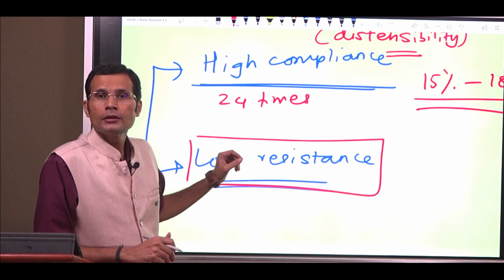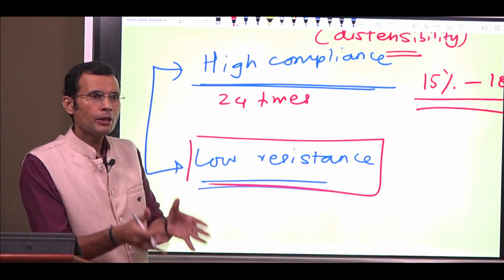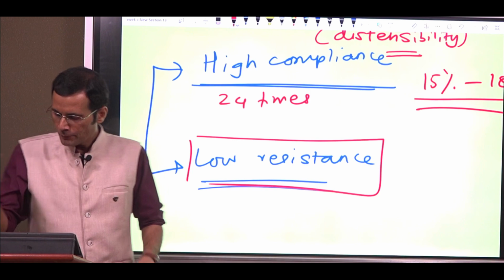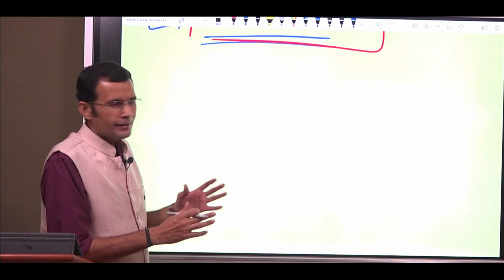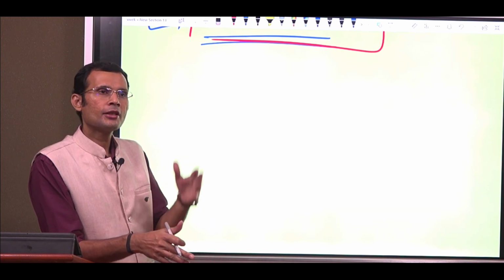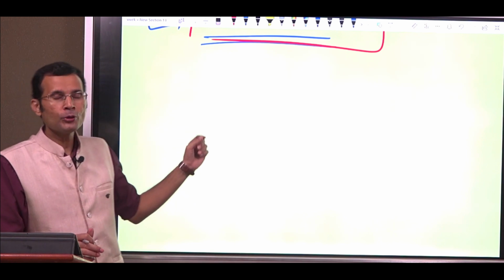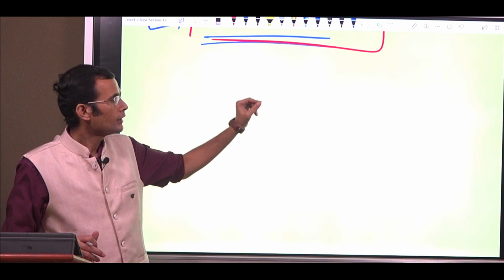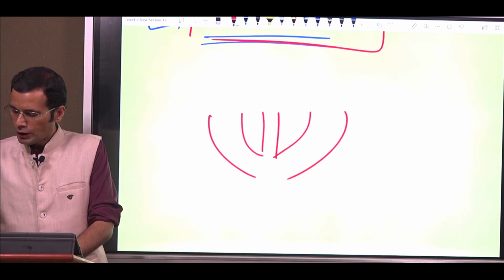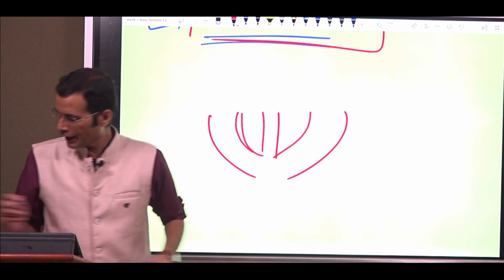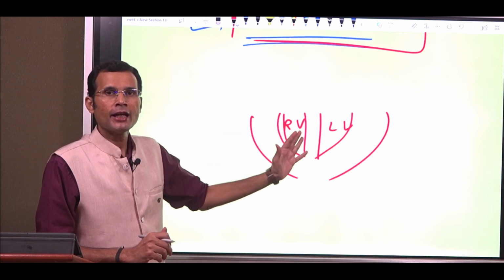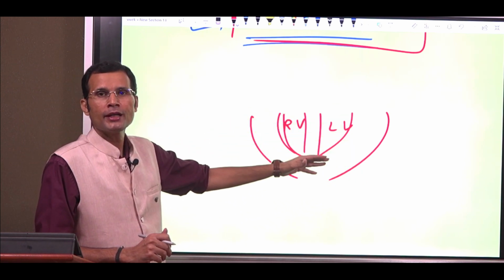And the second point was, pulmonary circulation is a low pressure and low resistance circulation. Basically, pulmonary pressures represent the right-sided pressures. So let's first try to understand the right-sided versus left-sided pressures. Left ventricular pressure is almost 5 times greater as compared to right ventricular pressure.